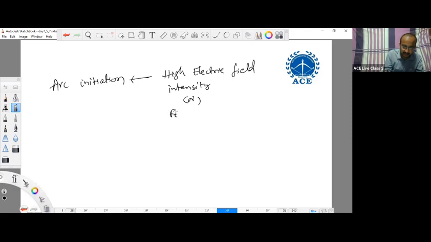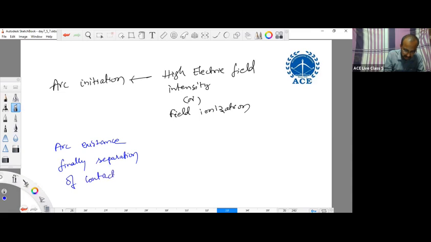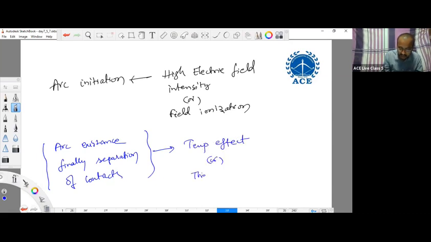And arc existence, when the contacts are finally separated, is due to temperature effect or thermal ionization.